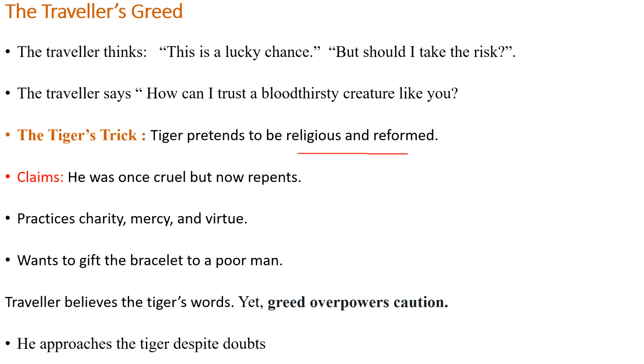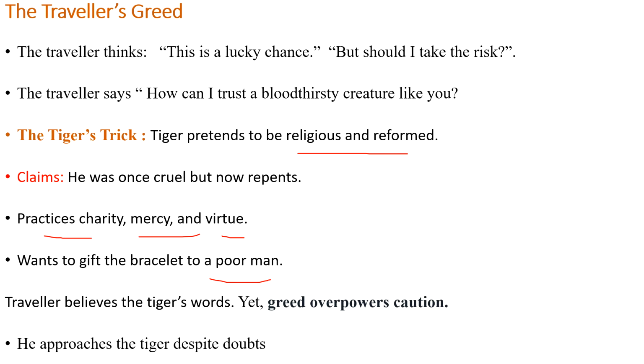Once a pious man, a saint, taught the old tiger to practice blessed charity. The tiger claims that now he practices charity, mercy, and virtue. The tiger wants to give the bracelet to a poor man, not to a wealthy man.